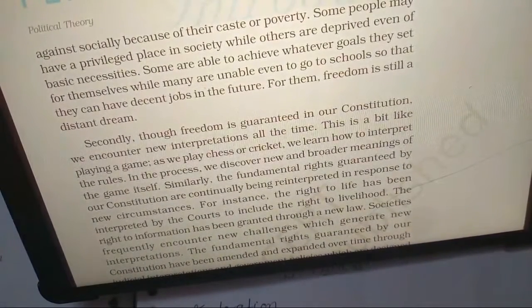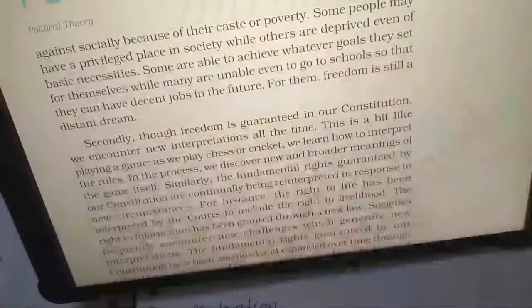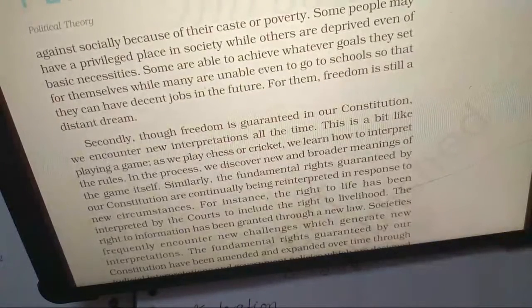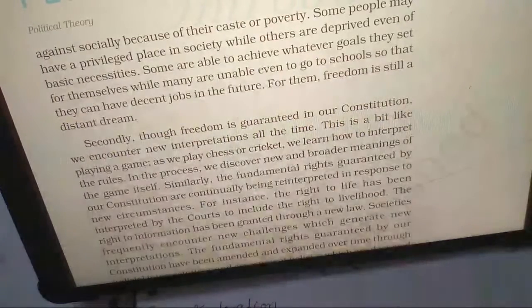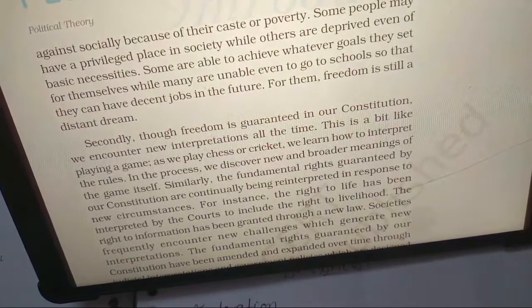Some people may have a privileged place in society while others are deprived even of basic necessities. Some are able to achieve whatever goals they set for themselves while many are unable even to go to a school so that they can have decent jobs in the future. For them, freedom is still a distant dream.